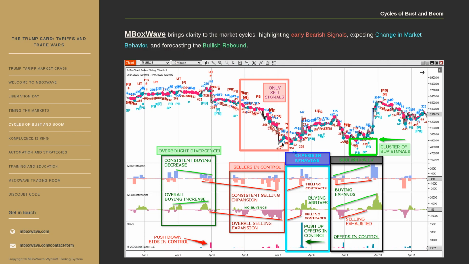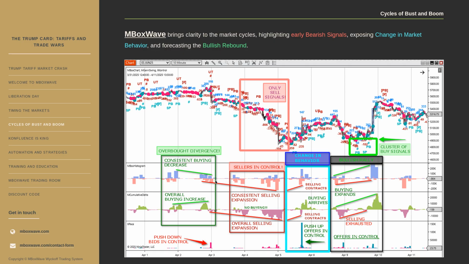If we were day trading here on the 10-minute chart, there were not even any buy signals, which is really, really good. MBoxWave filtered out all of that really well and provided only sell signals, like all these pullbacks and stooges. We see that sellers are in control.